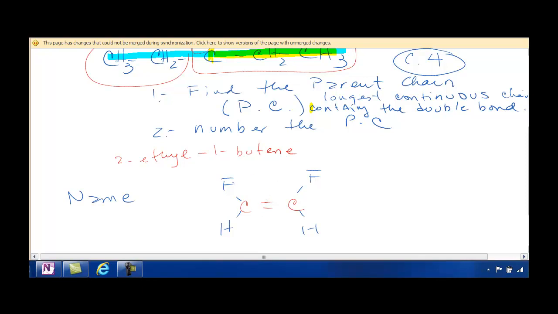Okay, and in this case I have different substituents in there. A fluoro and an H and a fluoro and an H. When I have this example, I'm going to swap these 2. The F is going to go down, and the hydrogen is going to go up. This substituent is different than that substituent.